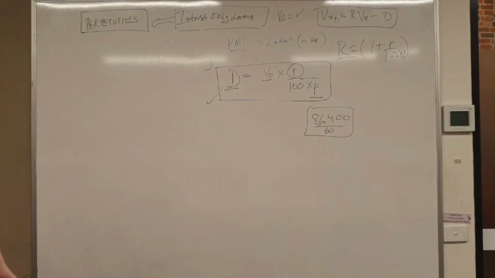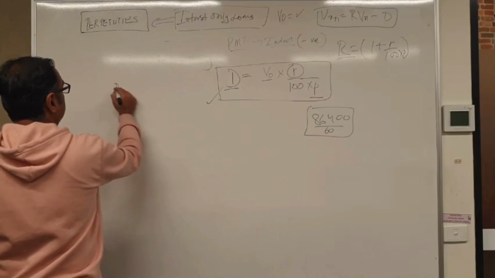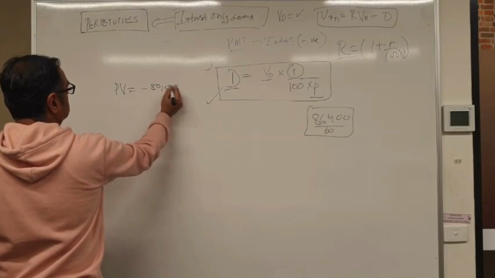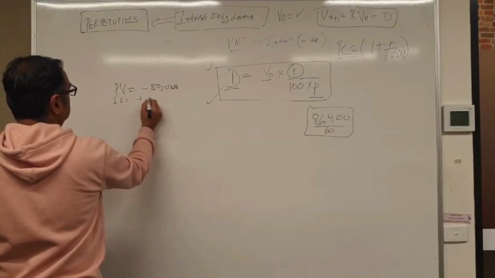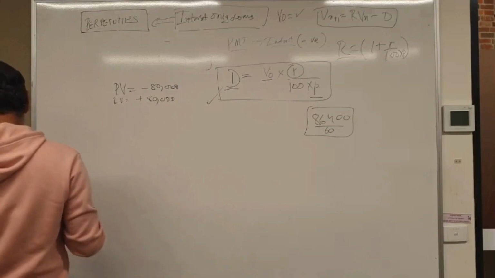The question says Sandra has $80,000 to invest. So that means her PV is negative 80,000, and her FV is positive 80,000.